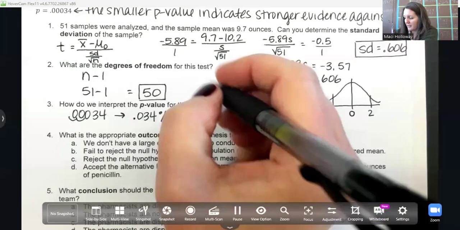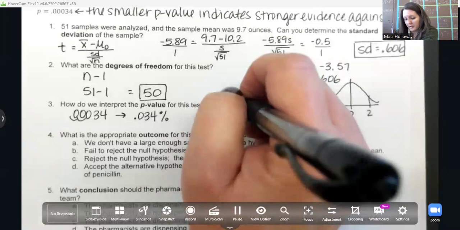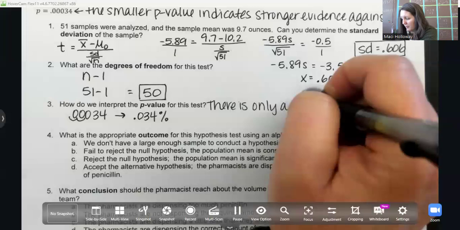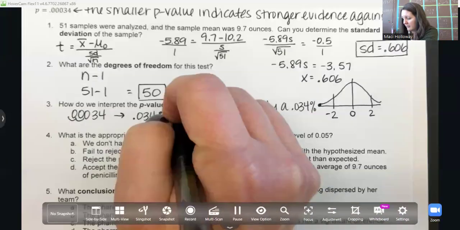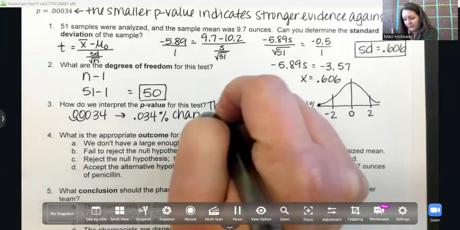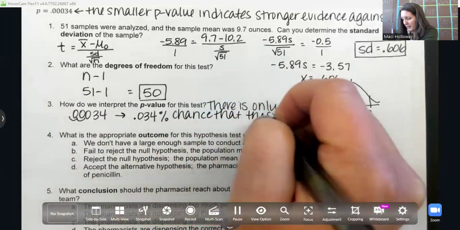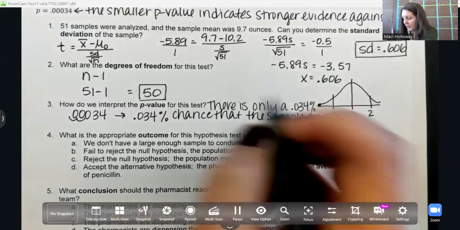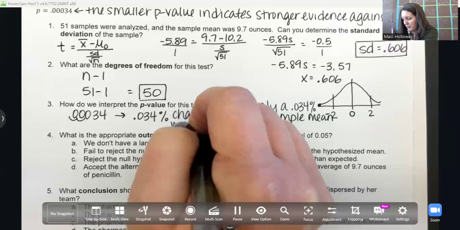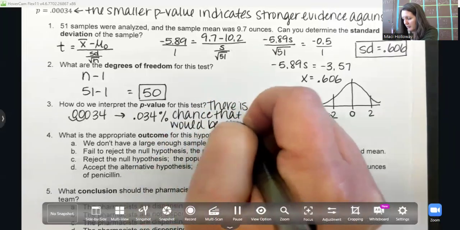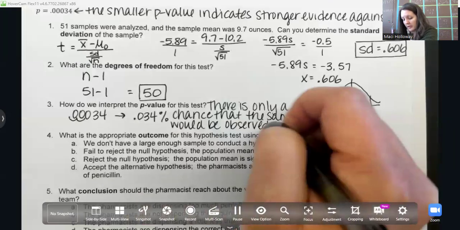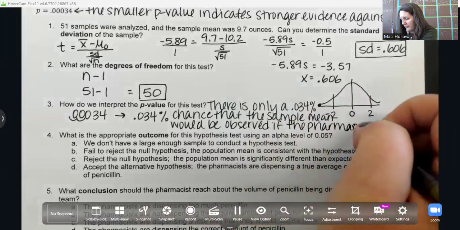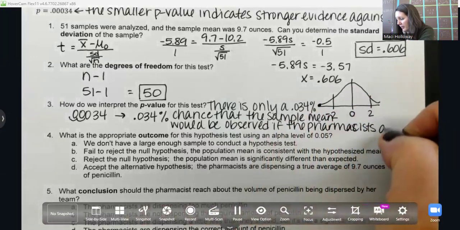So what does this mean? We can interpret it like this. There is only a 0.034% chance that the sample mean would be observed if the pharmacists are following regulations.